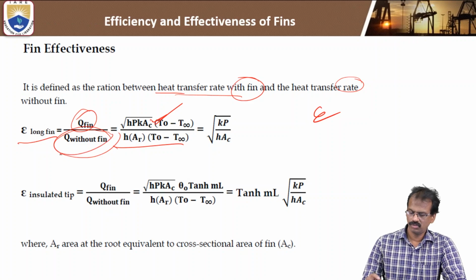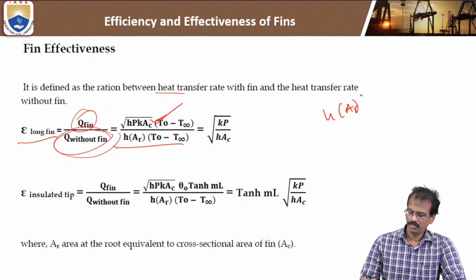The heat transfer rate without fin is H into A into theta naught, where theta naught is the temperature difference T naught minus T infinity.